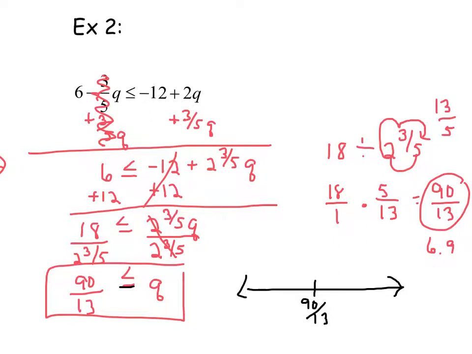Because there's a line right here, that means I have a closed circle because it can equal 90 over 13. And then my variable is on the right. My inequality points to the left. So because my variable is on the right, it's going to be the opposite direction when I graph, and that would be my answer. All right, let's go on. We have 2 more examples and a couple of word problems.